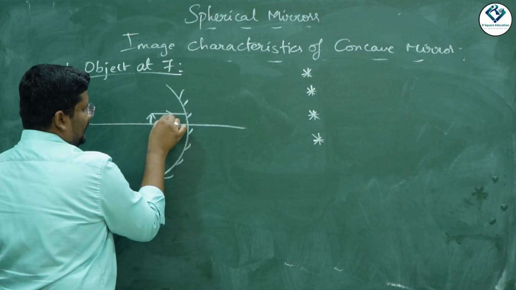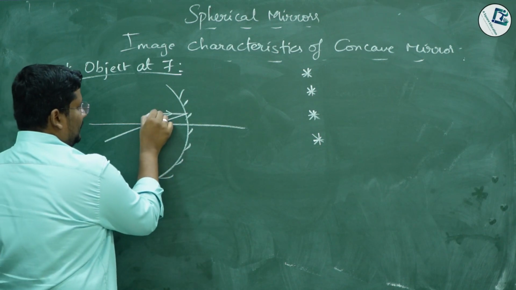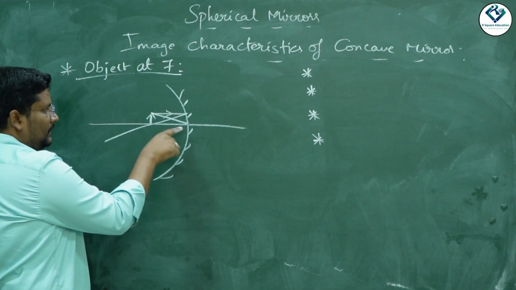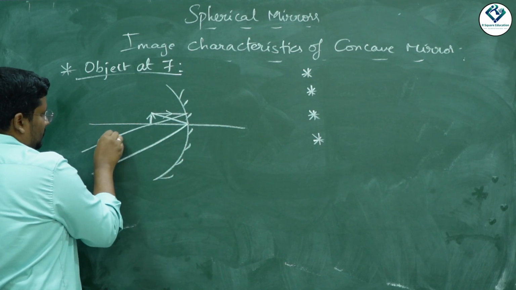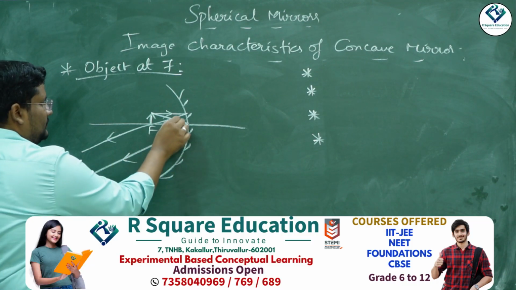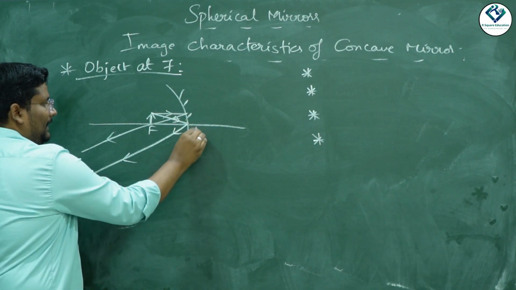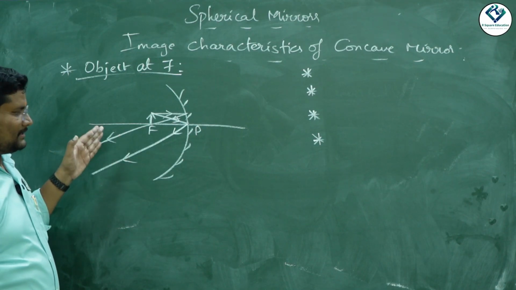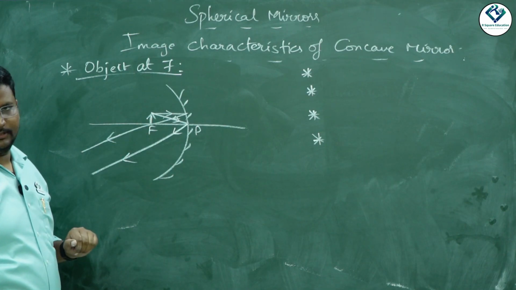Parallel to the principal axis, it is going to cut the focus again. The other ray is going to pass through the pole, and it is going to come out. So this is going to be F. These two are going to be reflected rays which never meet at all. The reflected rays never meet when the object is at focus.